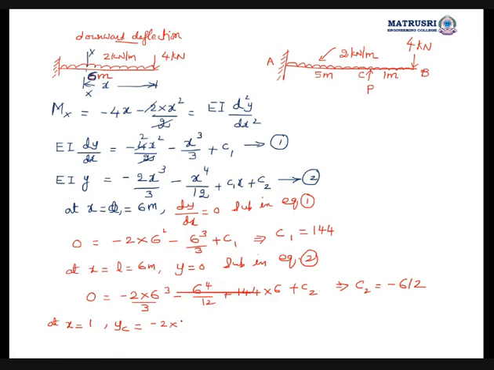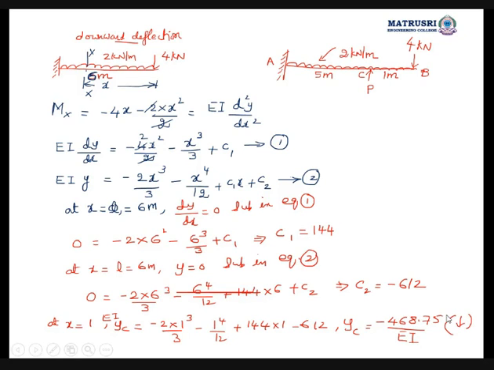Minus 2 into 1 cube by 3 minus 1 to the power of 4 by 12 plus 144 into 1 minus 612. Okay, EI yc. So yc is equal to what we will get here? What I got is minus 468.75 by EI. This is downward deflection.